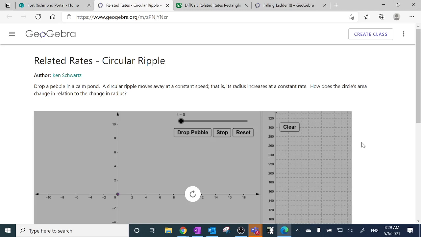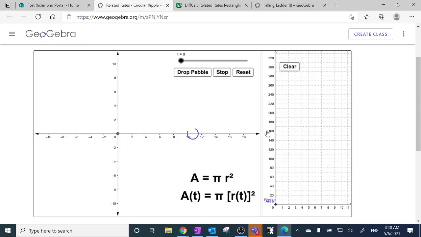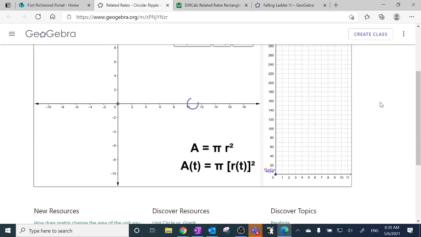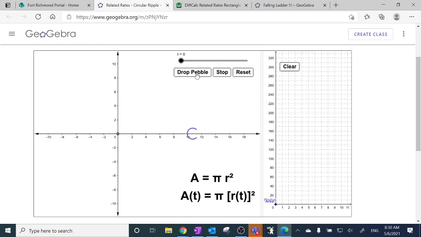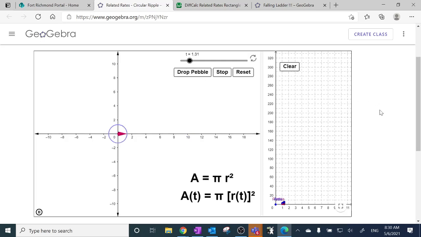For maybe a more simple animation of that, I have a little GeoGebra file here. So if we drop a pebble, let's get this thing going here. Drop the pebble.